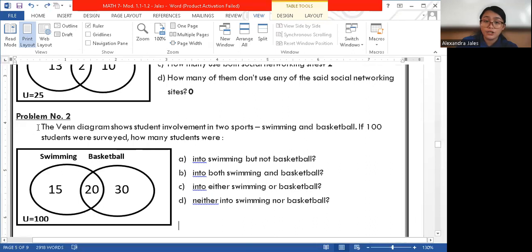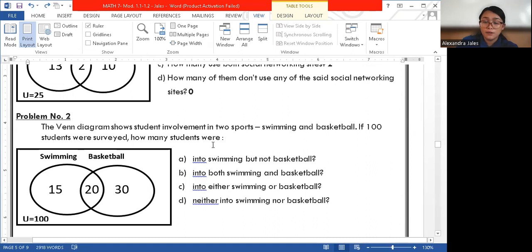Clear? Answer this problem number 2. Kindly write problem number 2, and then don't forget to write the letters. So answer only.